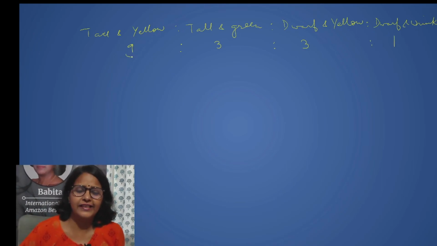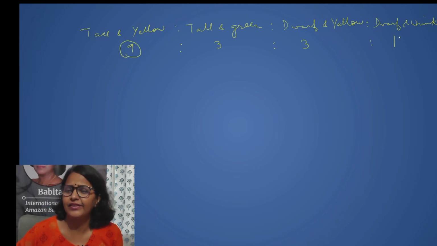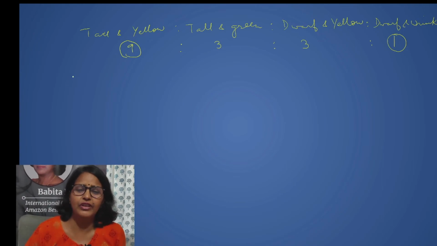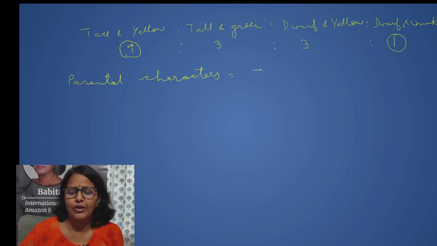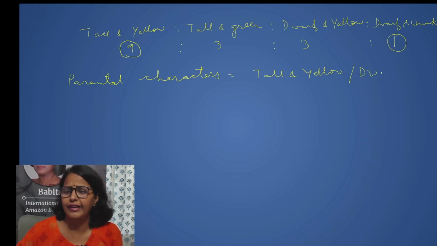So this is the parental character, this is also parental character. These are the characters with which we started. So these are parental characters. What are those 2? Tall and yellow and dwarf and wrinkled.